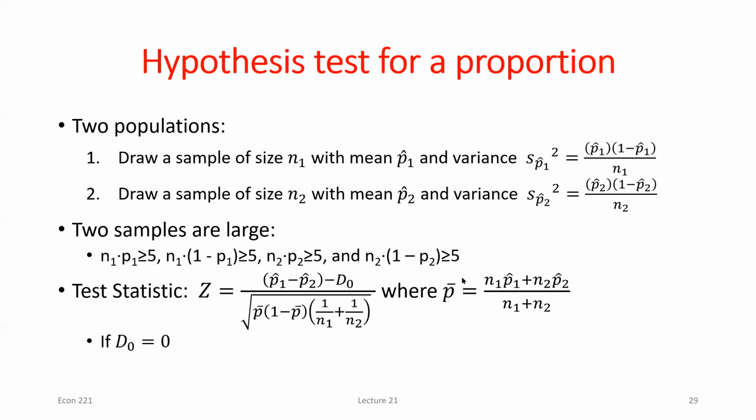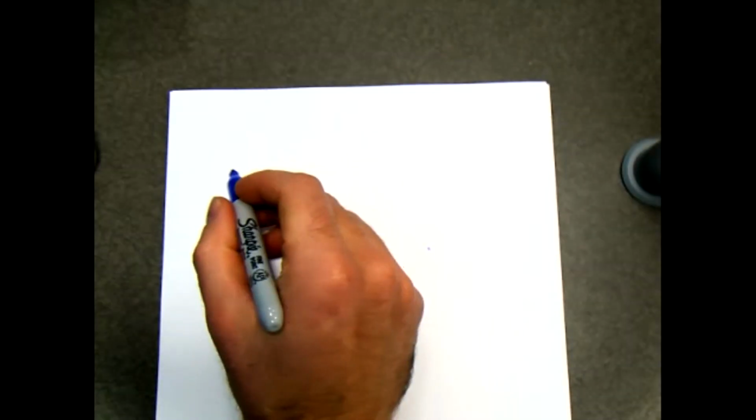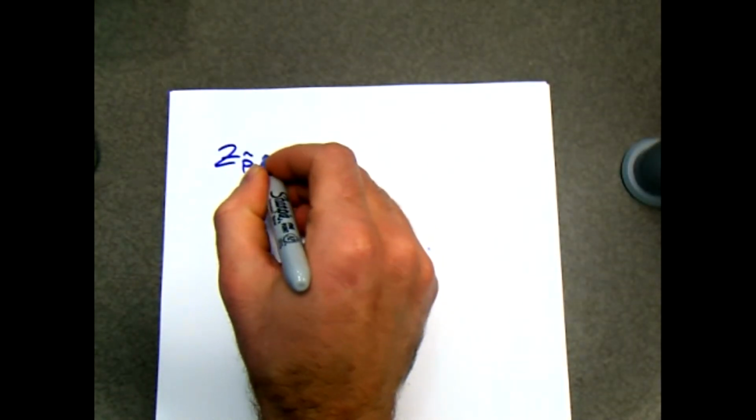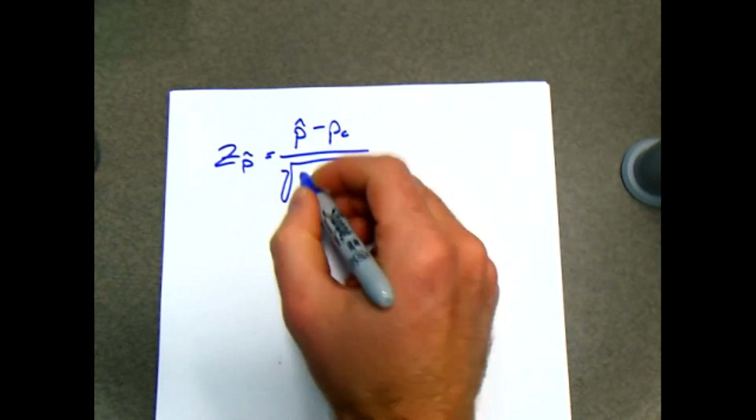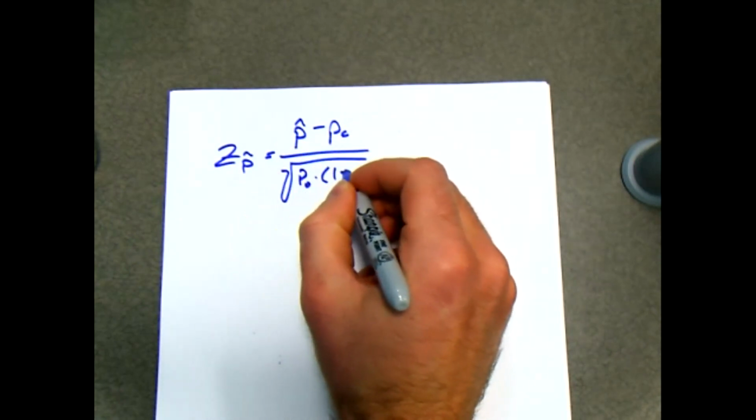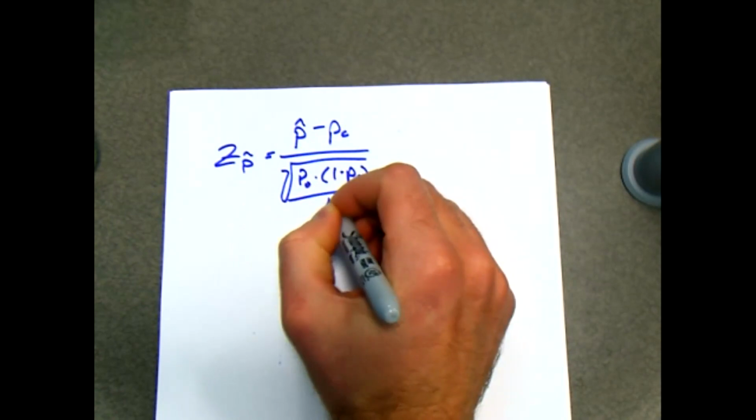Before, when we had one population proportion examples, in our denominator we were actually going to use our assumed true proportion.